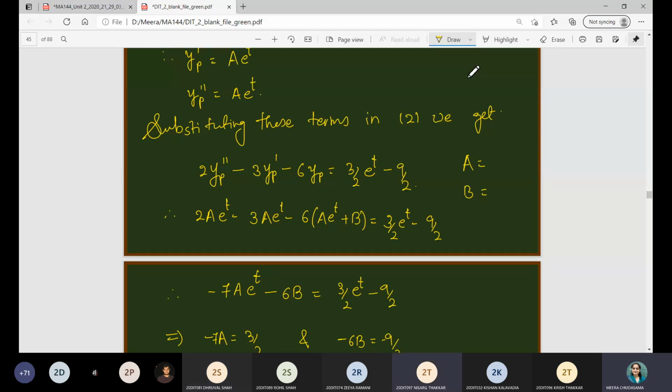Differentiation, right? Variation of parameters will involve integration, whereas in the undetermined coefficient method you will find no integration anywhere. And whenever polynomial or exponential functions are there, it is very easy to find their derivatives, and substitutions will directly give you the answer. So that's why I am using the method of undetermined coefficients right now.